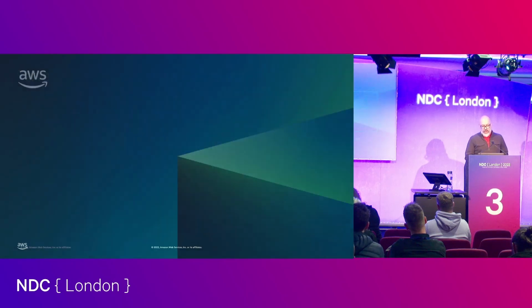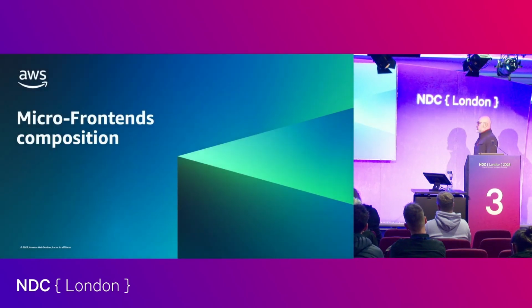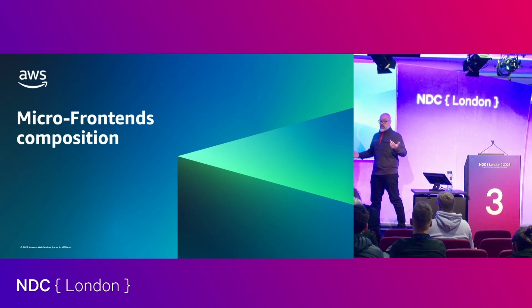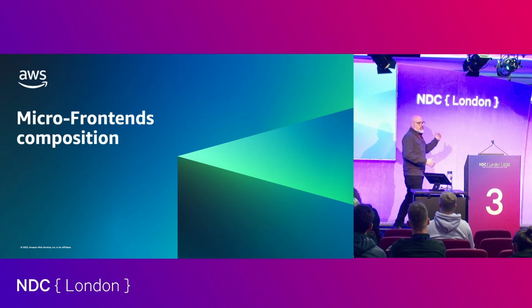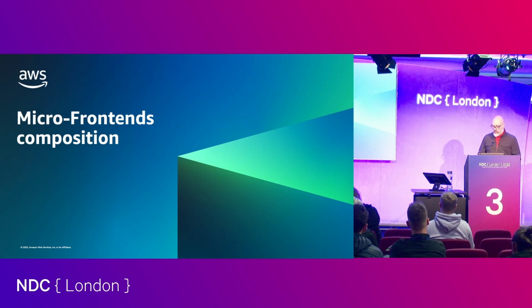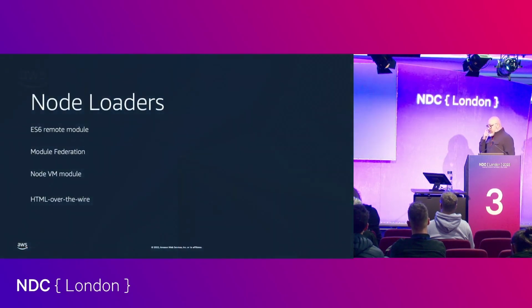Now, there is another thing that we need to think about on the composition side. There are several techniques that I evaluated for implementing and composing micro-frontends into the UI composer. So I started with Node loaders.